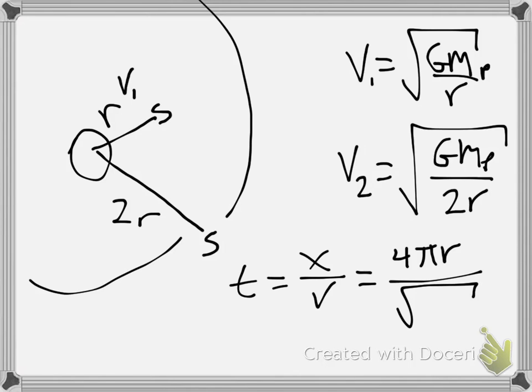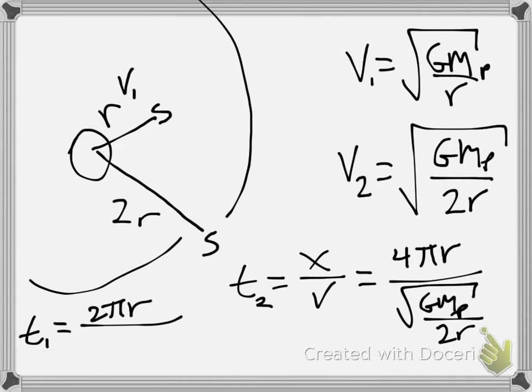And then dividing that by the square root of big G, mass of the planet, over 2r. Okay, so that's the time for 2. The time for 1 should be 2 pi r over the square root of big G MP over r. Have I lost anybody? Do you see what I did?